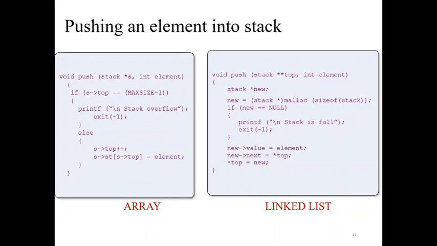We have to put a condition on the array: if the max size is equal to the top element, then we have to print a statement that the stack is overflowing, or else increment it and make the next top element.